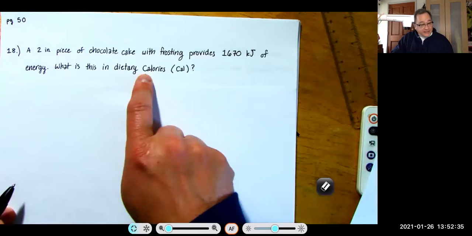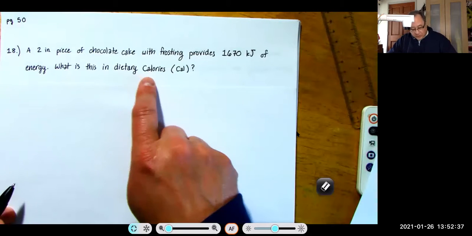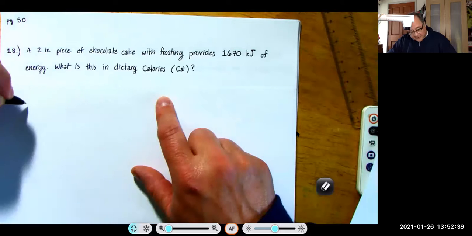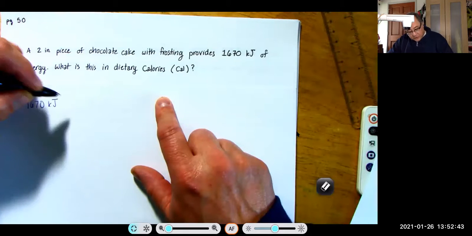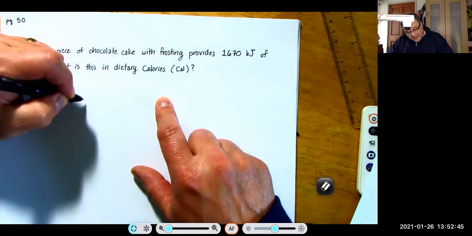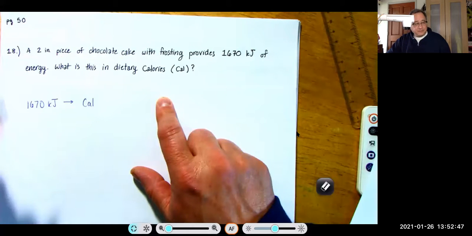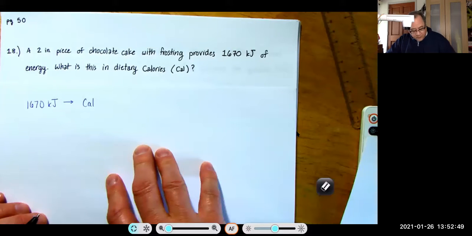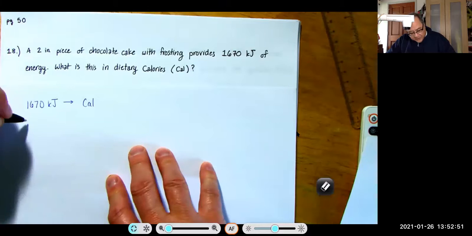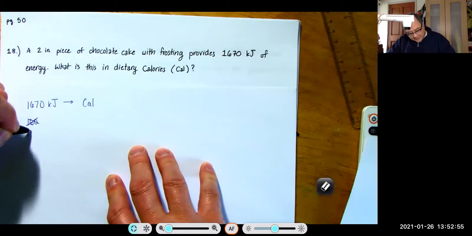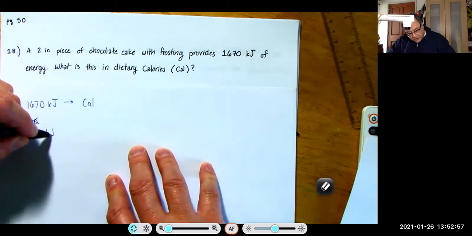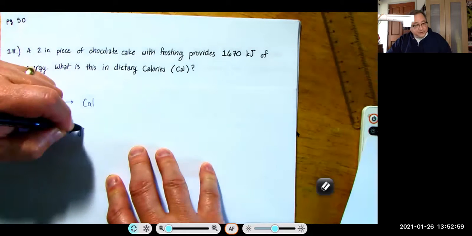And this is an uppercase C. So we want to take our 1,670 kilojoules and convert that into calories. So if we map out a way to do this, we can take the 1,670 kilojoules, turn that into joules.